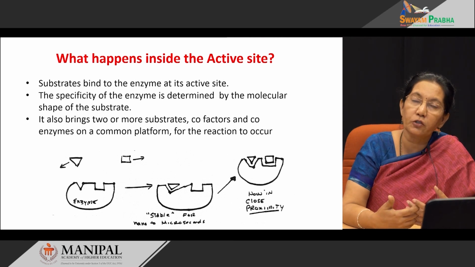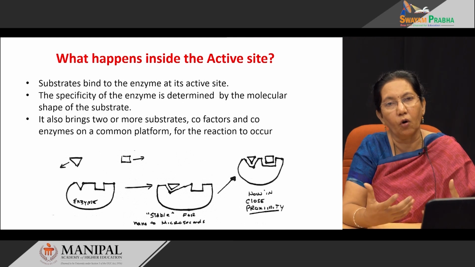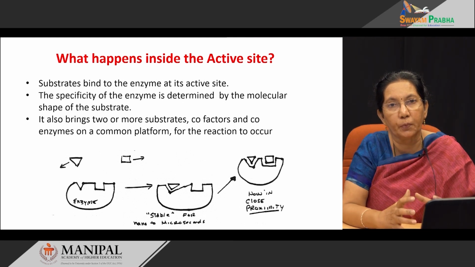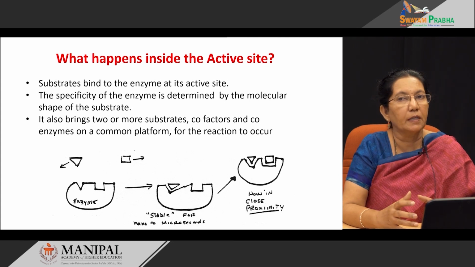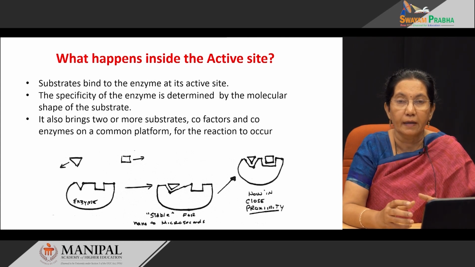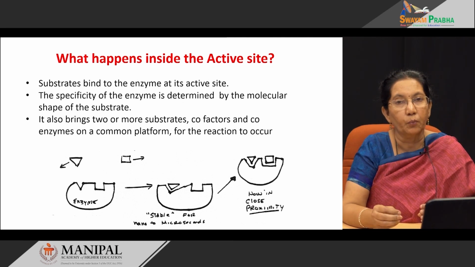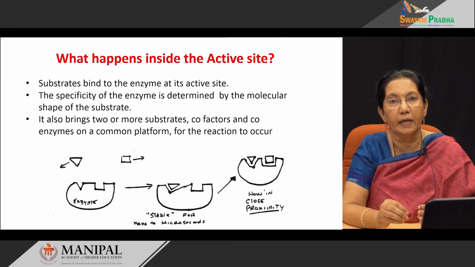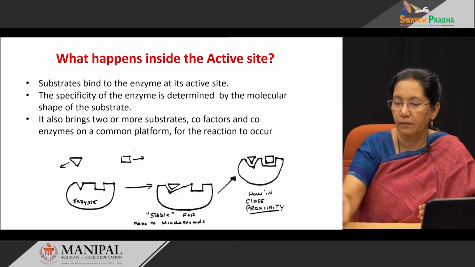It also brings together cofactors, coenzymes, and all of this come in close proximity with each other. This close proximity is important because electrons can transfer from one molecule to the other, protons can transfer, there could be energy transfers, and so on and so forth.